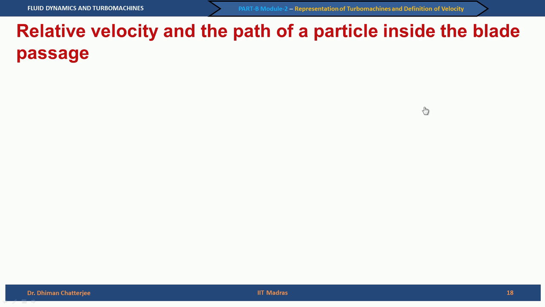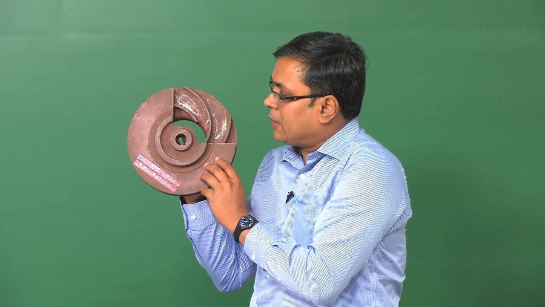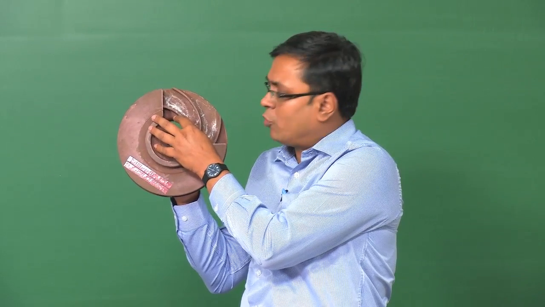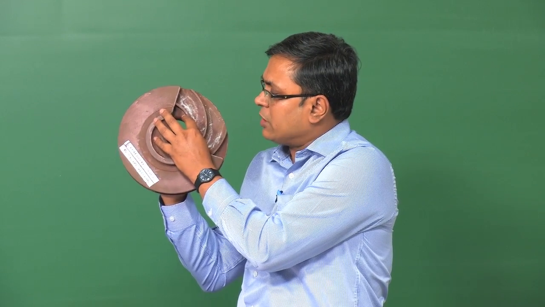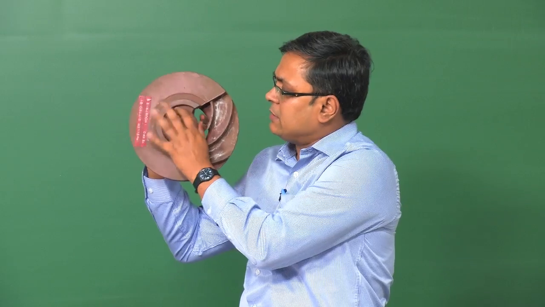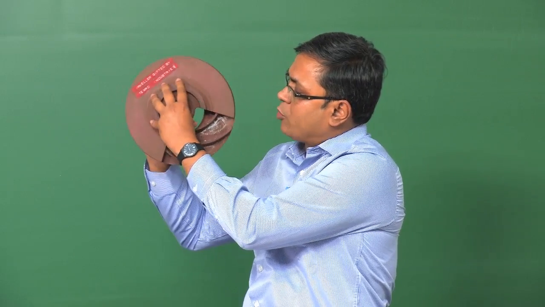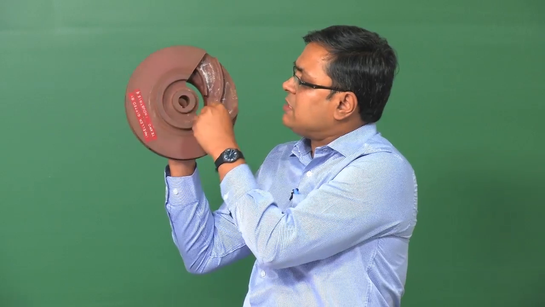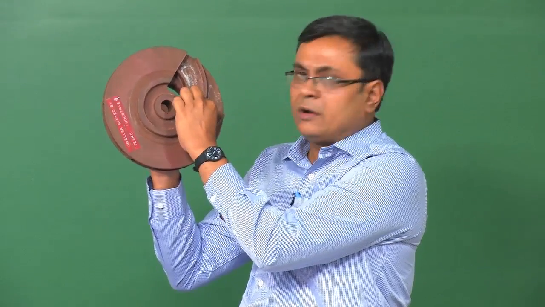So, relative velocity and the path of a particle inside the blade passage. Let us look at the model impeller once again. This is the model impeller, and it is going to rotate. If it is rotating like this, you can see the blades are rotating about this axis. Then what happens if I have a fluid particle here?